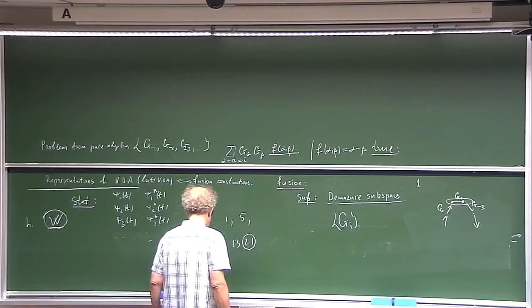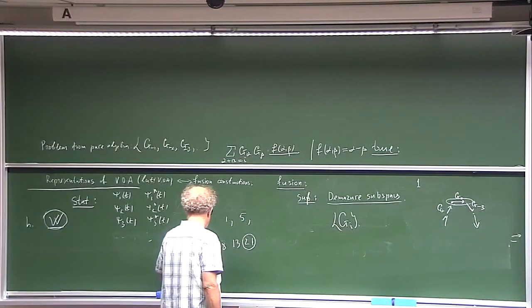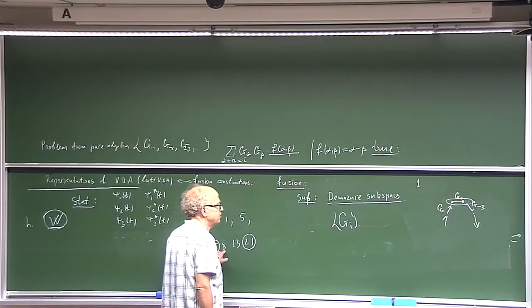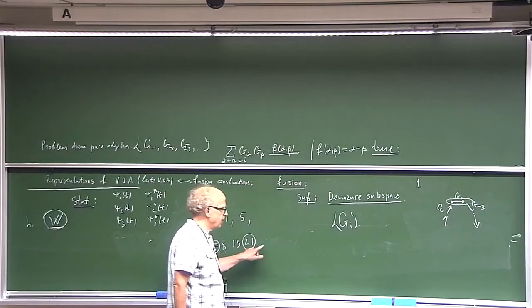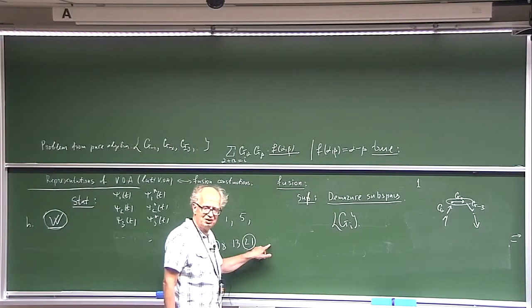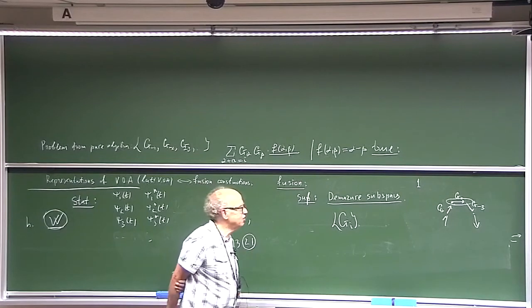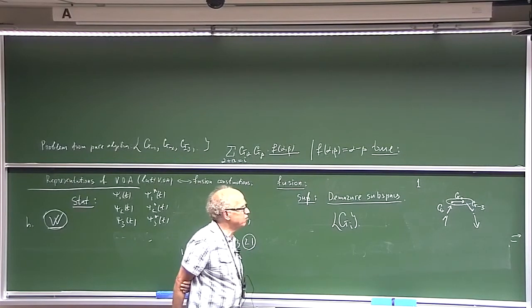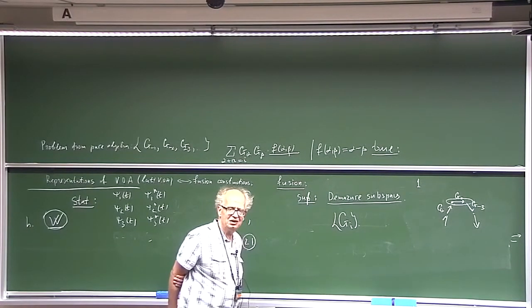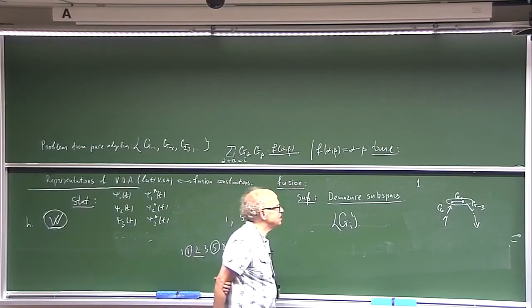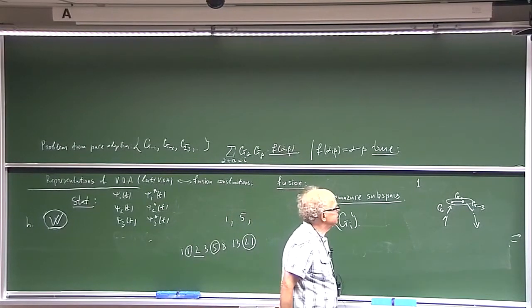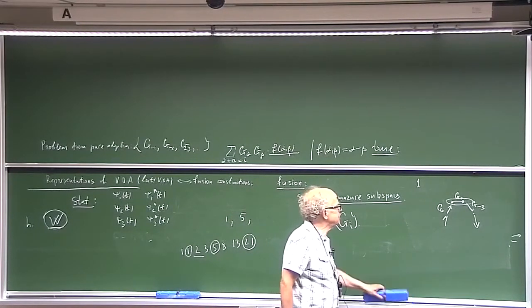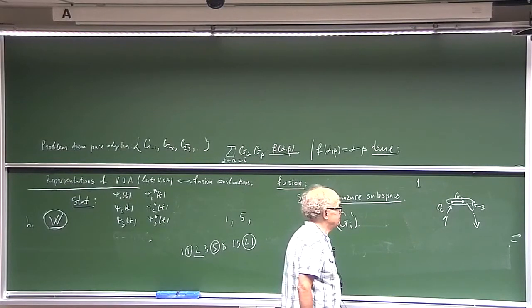The next space will have this dimension, the next space has this dimension, and so on. And so all Fibonacci numbers appear as the dimensions of subspaces.